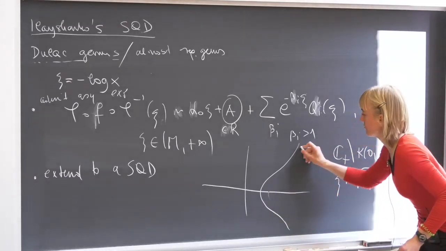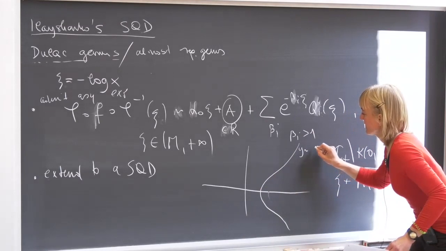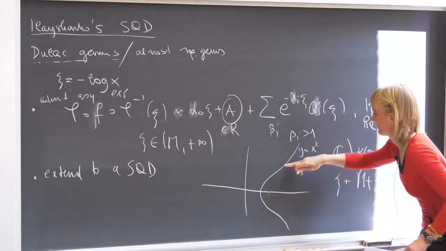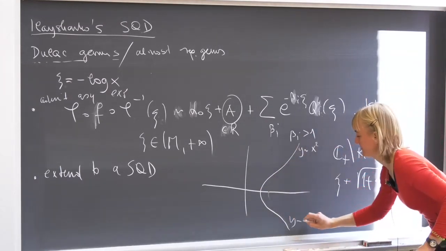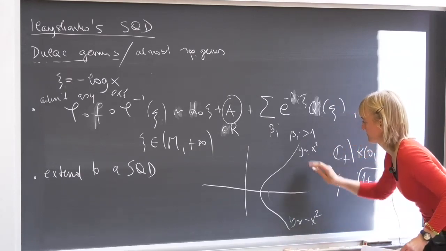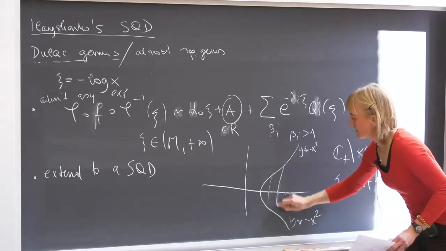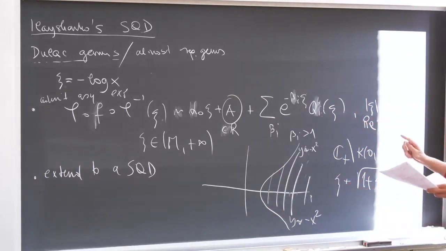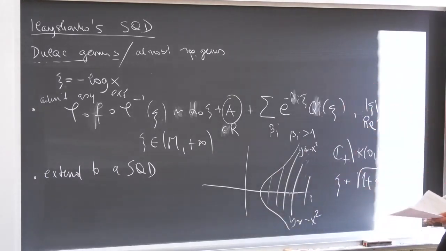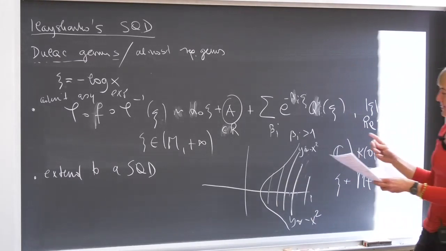But basically, the most important thing is that it behaves like a law asymptotically. So such domains, when we go back to variable x, now what happens?